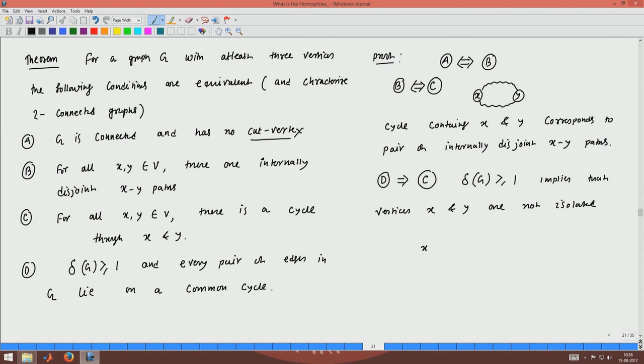So, x and y can't be isolated vertices, because then the degree of x would be 0 and the degree of y would be 0, but the minimum degree of the graph is given to be greater than or equal to 1. So, x is adjacent to at least one edge, and similarly y is also adjacent to at least one edge, or at least one vertex you can say. Suppose x is adjacent to A and y is adjacent to B.